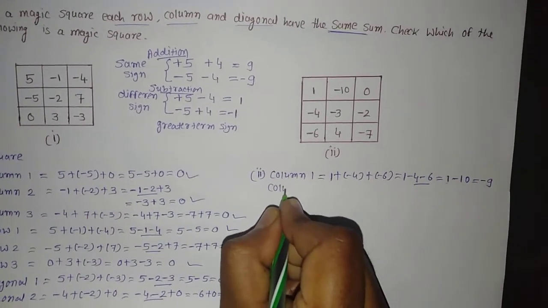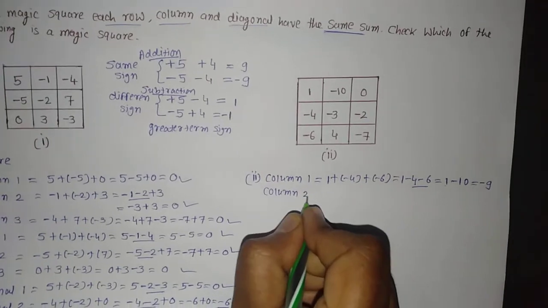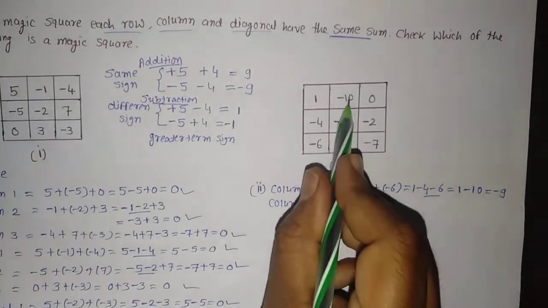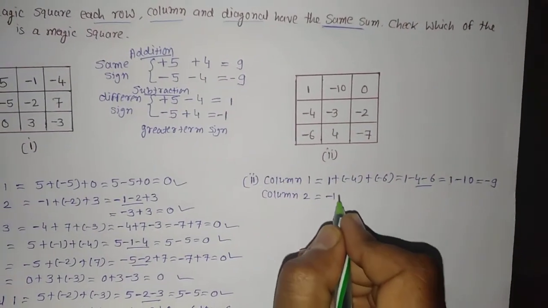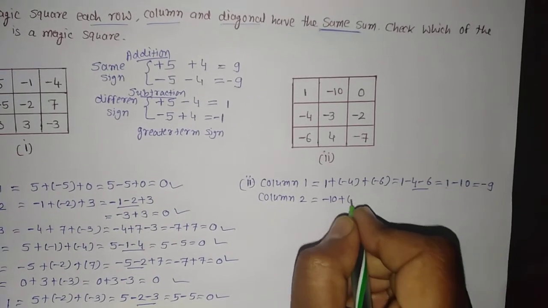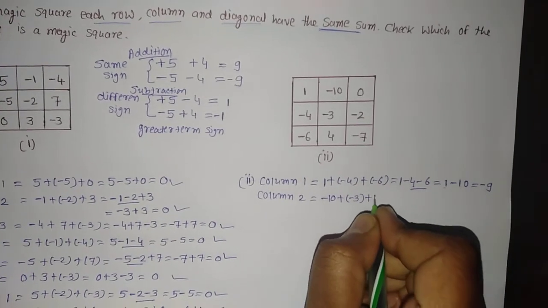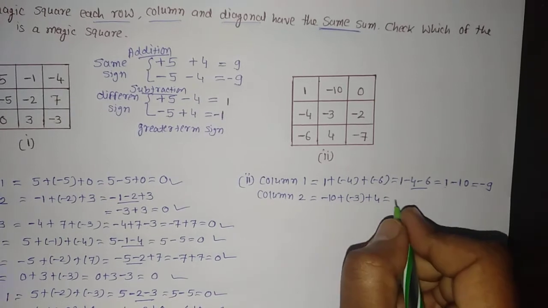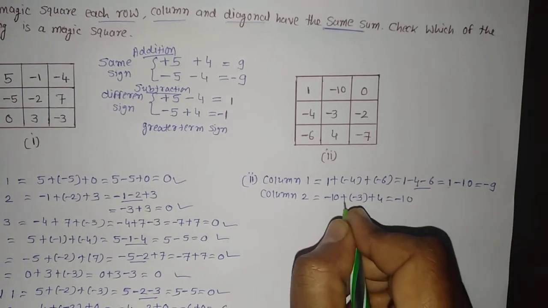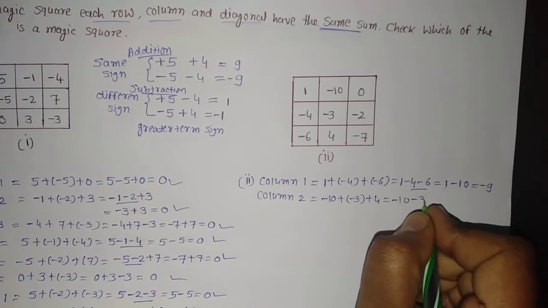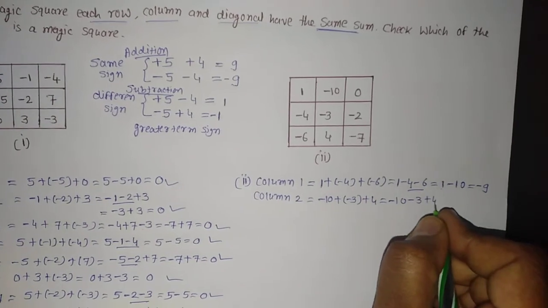So the answer is minus 9. Column 2. Column 2 is this one, minus 10 plus minus 3 plus 4. Again, this is minus 10 minus, plus multiplication minus 3, plus 4.